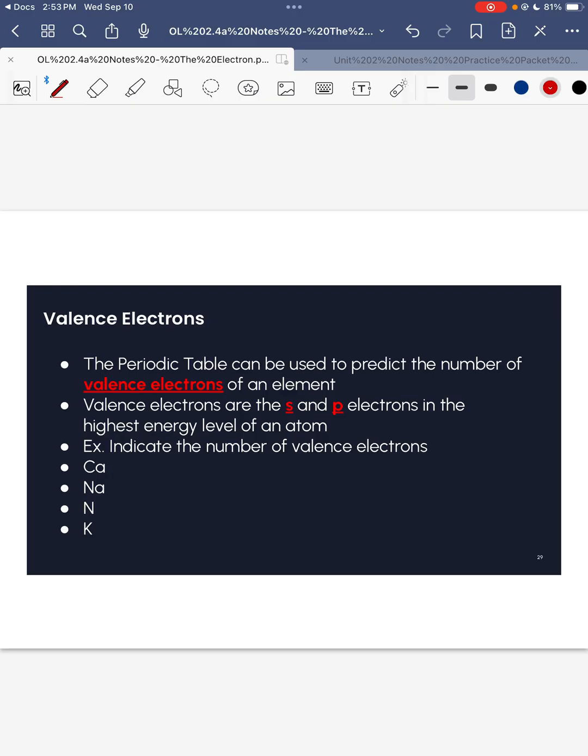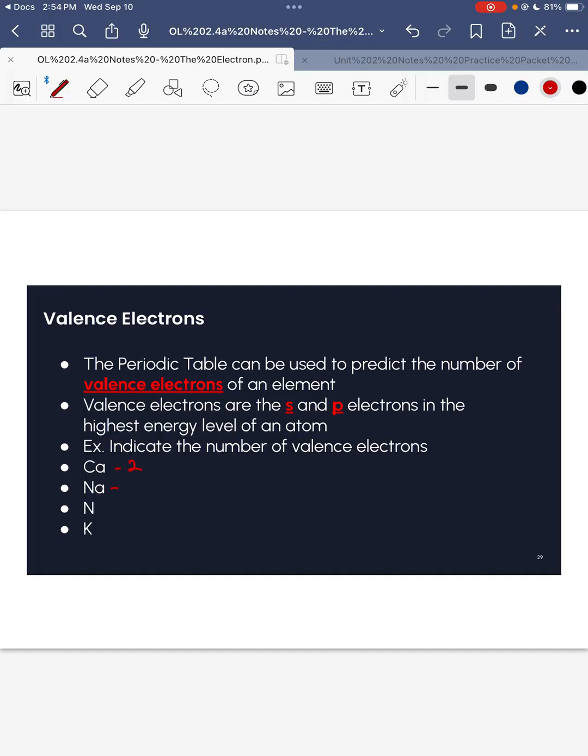Lastly, the valence number of electrons can be predicted using the s and p electrons in the highest energy level of an atom. So for example, if we look at calcium, calcium's highest energy level is 4, it's in the 4th row, and it has 2 electrons in the s orbital, no electrons in the p orbital. So it has 2 valence electrons.